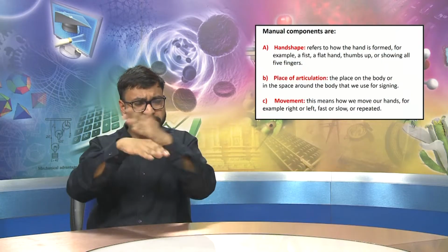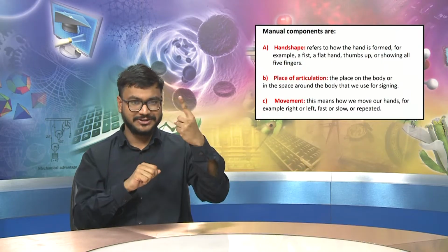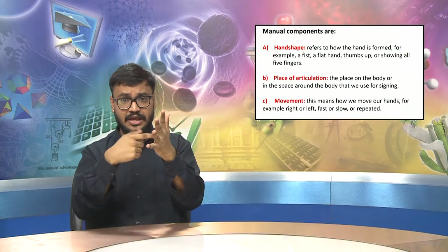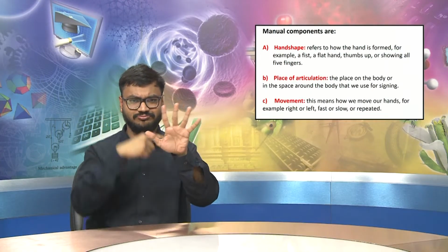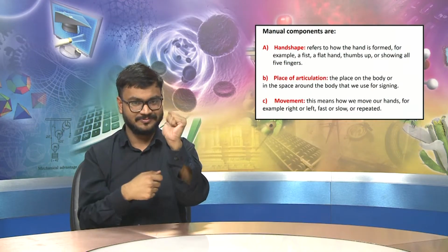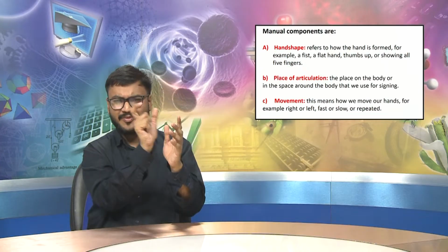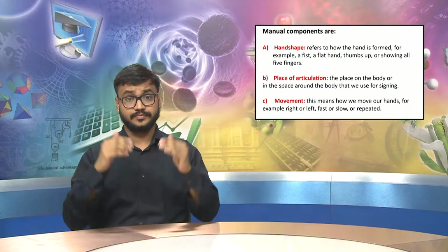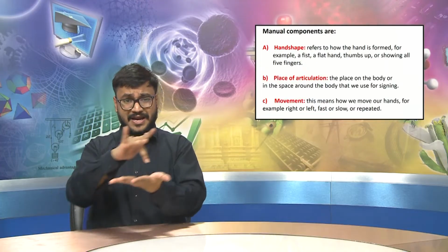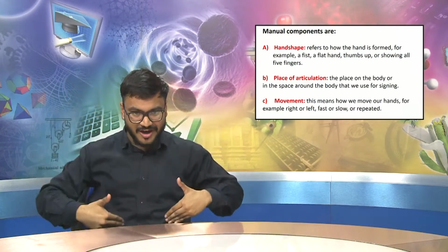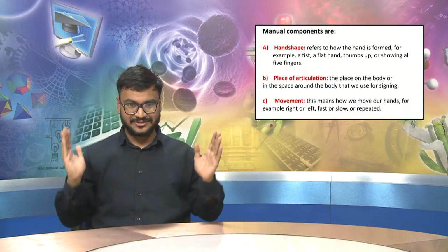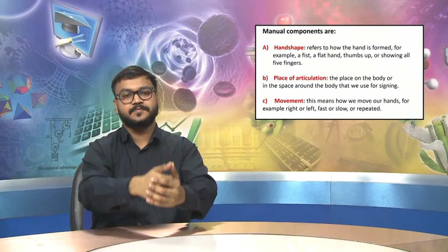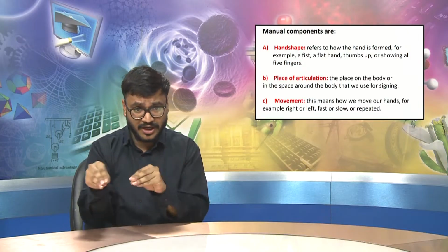So manual components are hand shape, which refers to how the hand is formed, for example a fist, a flat hand, thumb up, etc. And place of articulation, the place on the body or in the space around the body that we use for signing.